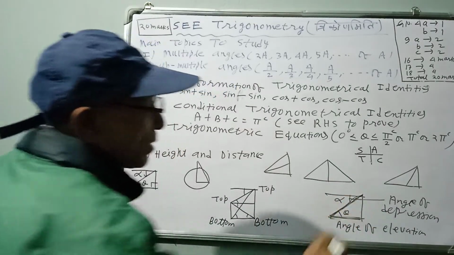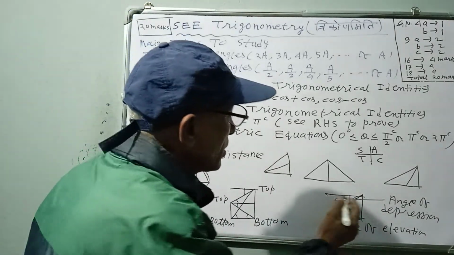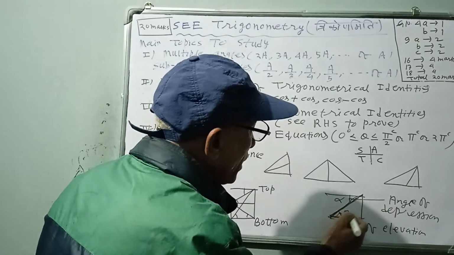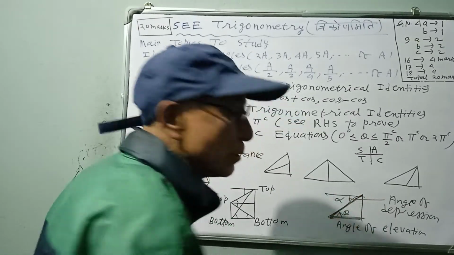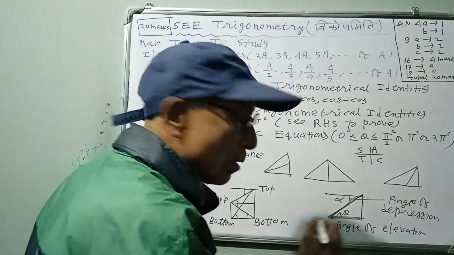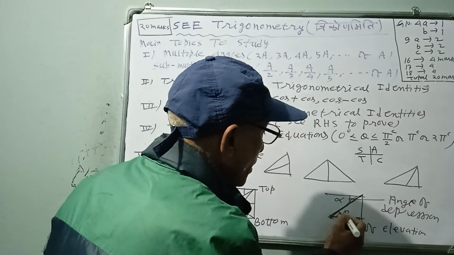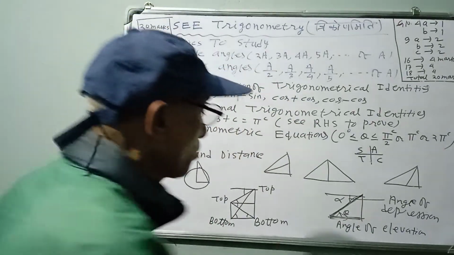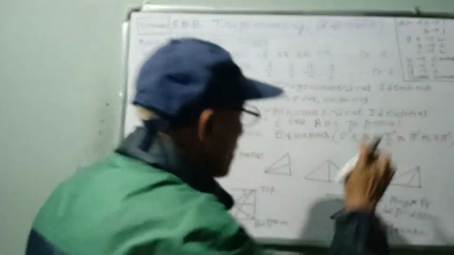When the person is observing a point higher than him or above him, the angle made by the line of sight with the ground or with the line parallel to the ground is the angle of elevation, from bottom to top.